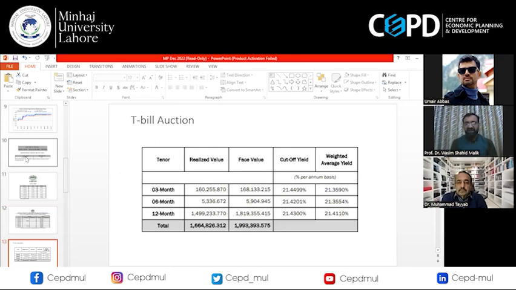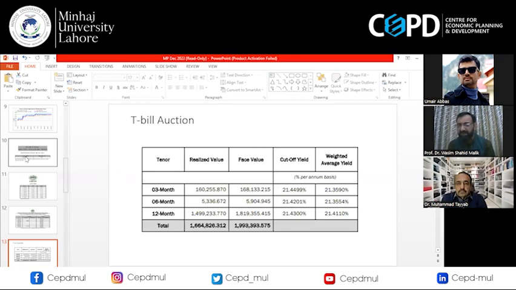Now look at the latest T-bill auction, which was held in December 2023. So here you can see that the 3 months treasury bill rate weighted average yield is 21.36%. Similarly, the 6-month treasury bill rate is 21.355%.